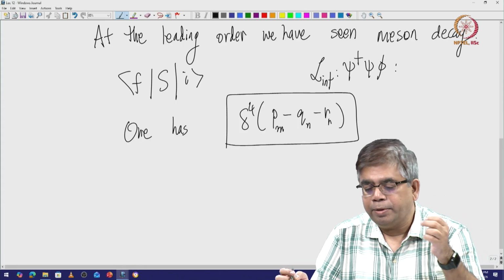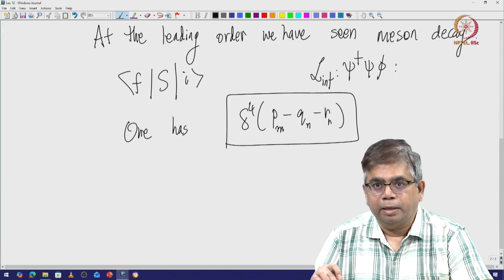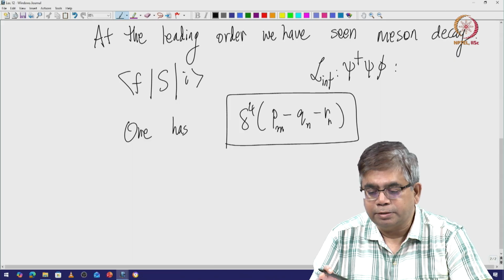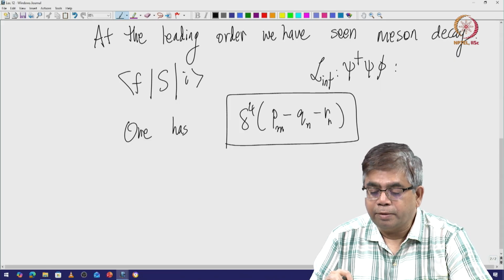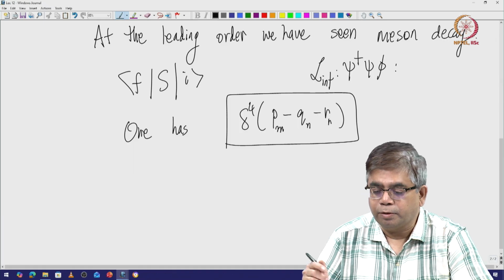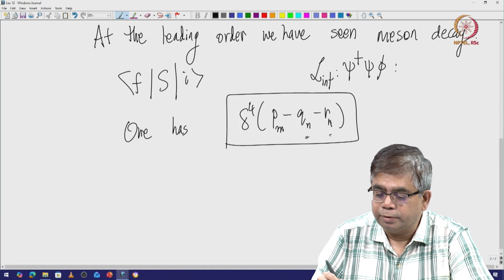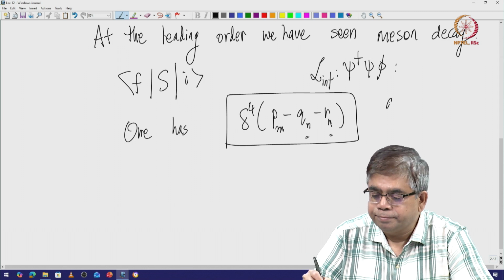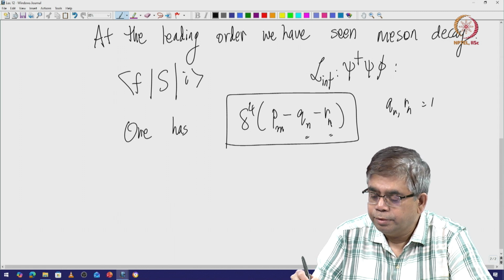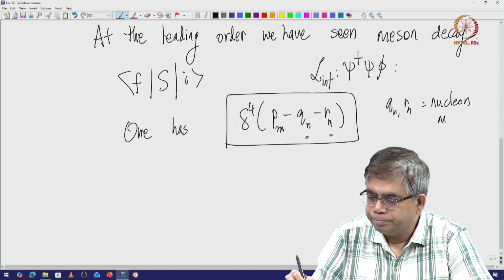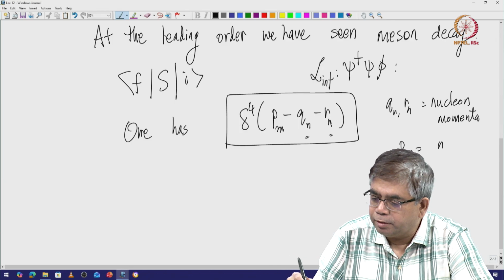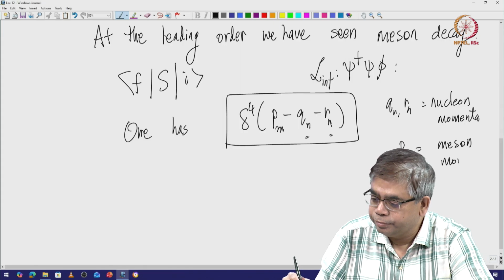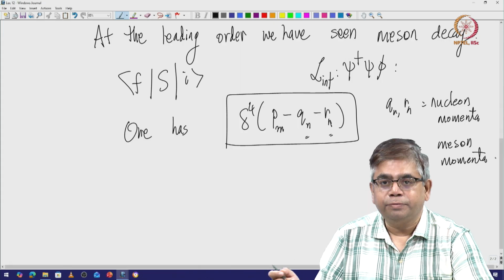So you will end up having a relation which tells you the energy momentum conservation of the four momentum vectors associated with the meson and the two nucleons essentially. Here Q and R are the nucleon momenta, and P_M is the meson momentum. So this we showed last time.